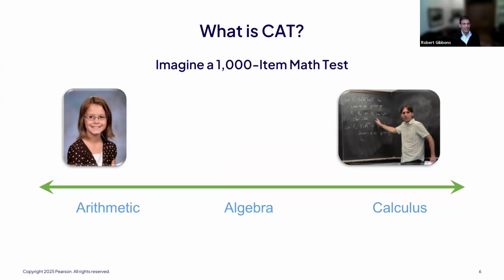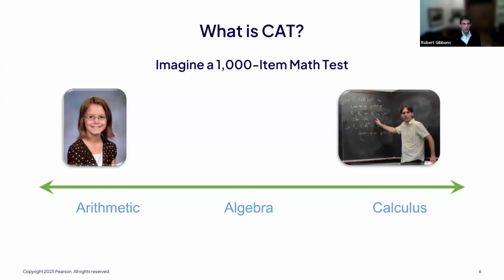So what is CAT? Imagine that you had a 1,000-item mathematics test ranging in difficulty from simple arithmetic through advanced calculus. And you had these two examinees, one a lovely fourth grader, and on the right, a poor, oppressed graduate student of mine in the Department of Statistics at the University of Chicago.